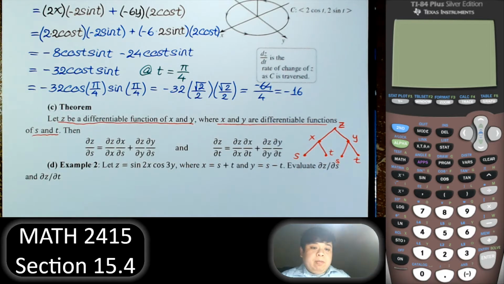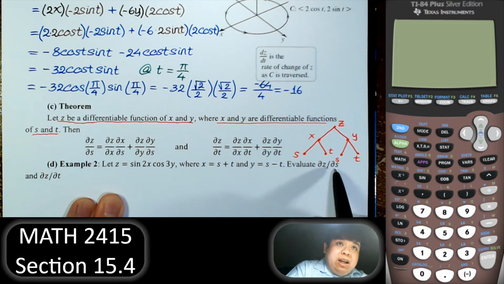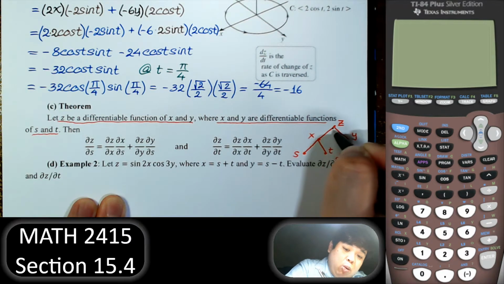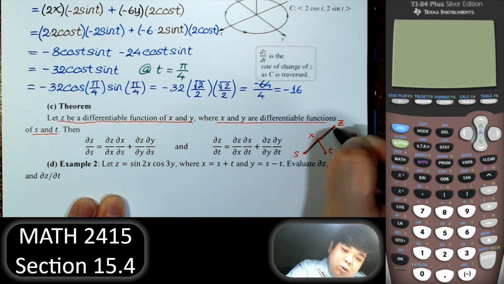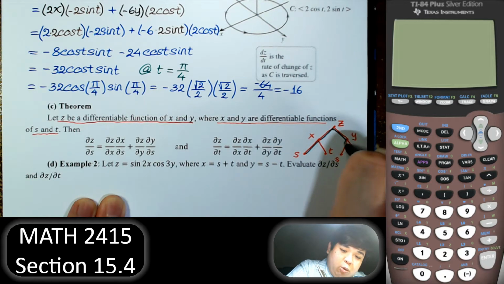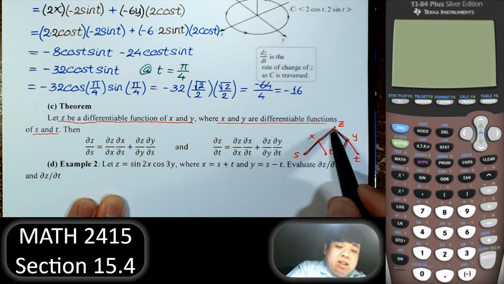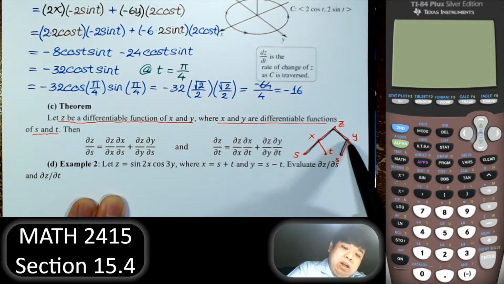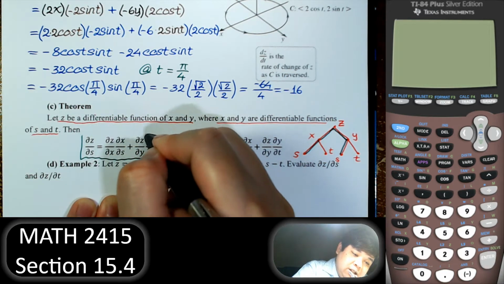If we want z to s, we can go z to x, then x to s, and also z to y, then y to s. So that is the derivative of z with respect to s. There are two paths, z to x, x to s, and z to y, y to s. And this is the derivative of z with respect to s.